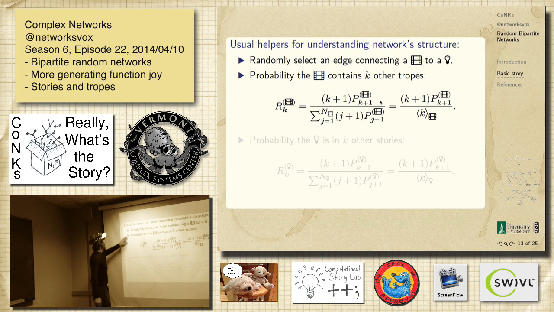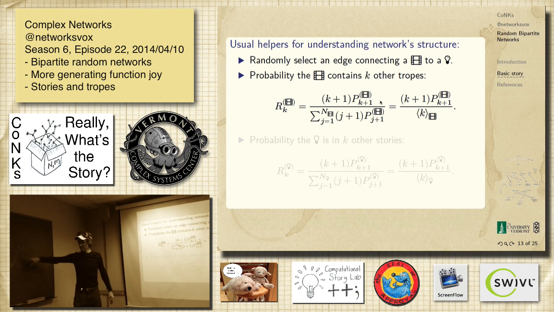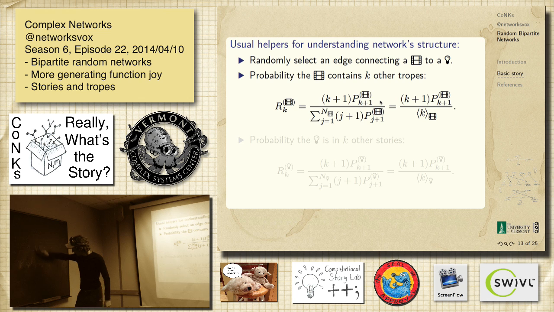Okay, so we're going to randomly select an edge, because we'll grab one of these edges. We've made this thing. Jump on this edge, and we can look up at our stories and our tropes down here. So we look this way and we look this way, and the key thing is we'll see that this is going to have connections going back up here.